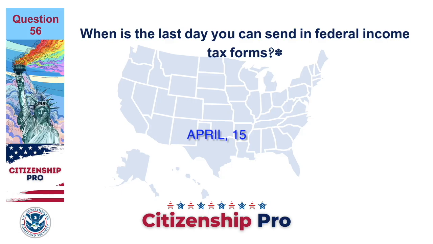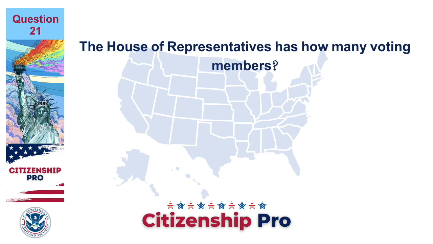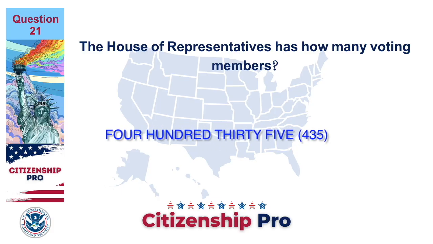April 15. The House of Representatives has how many voting members? 435.